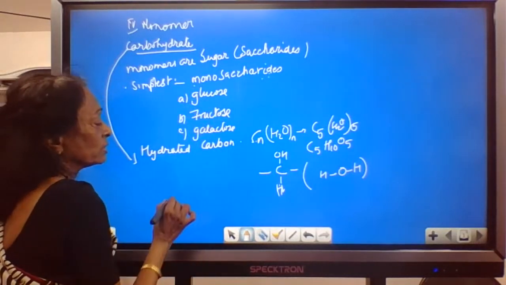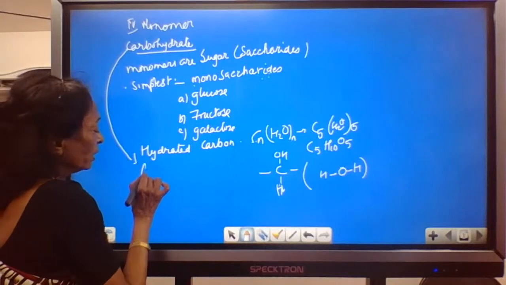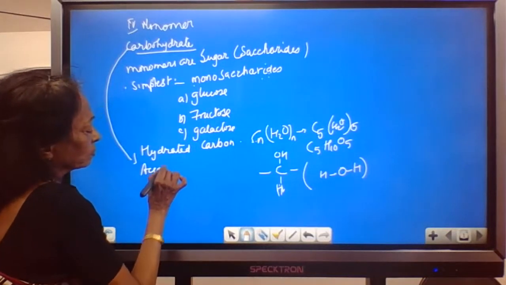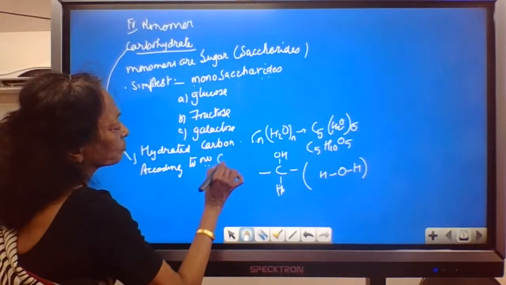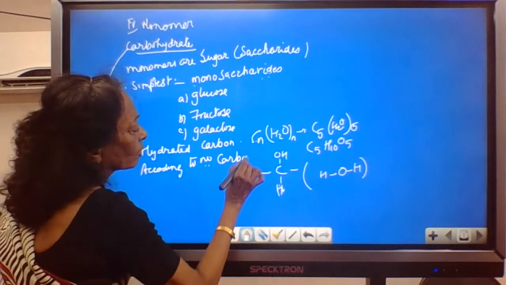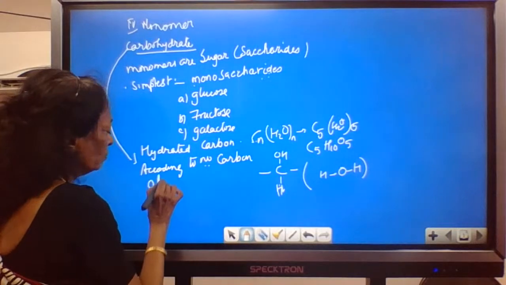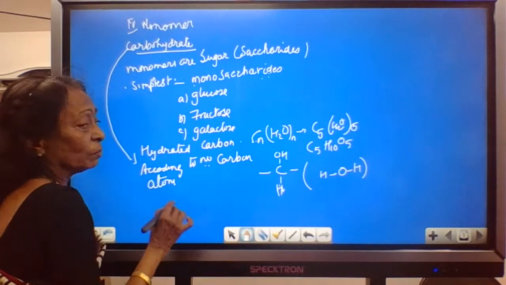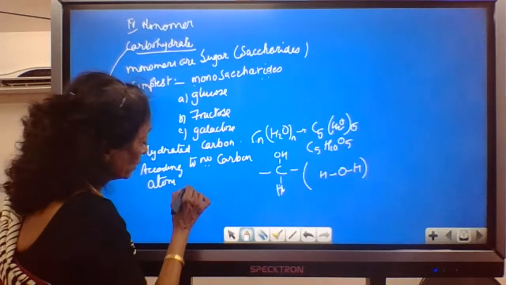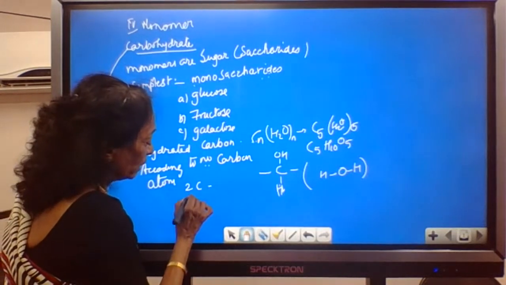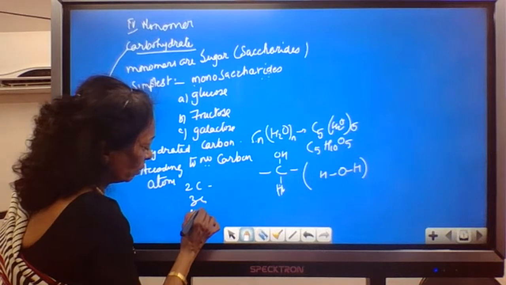Now, second thing: according to the number of carbon atoms, these carbon compounds are named as 2C compound, 3C compound, 4C compound.